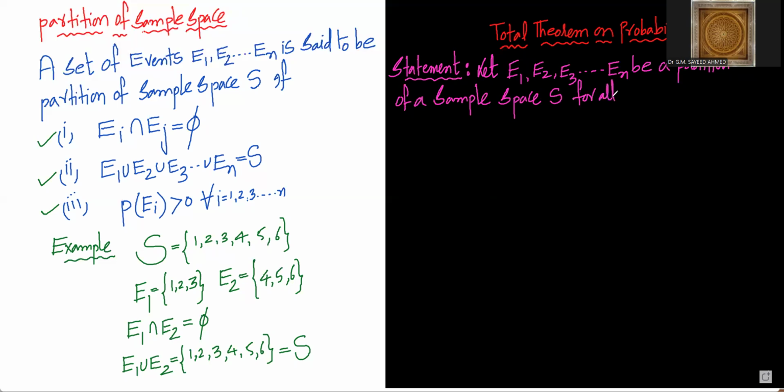For all i equal to 1 to n, probability of Ei should be greater than 0.